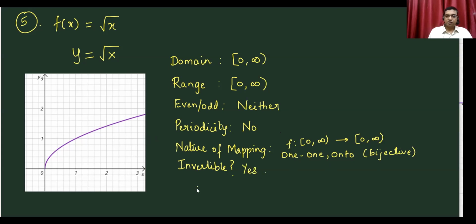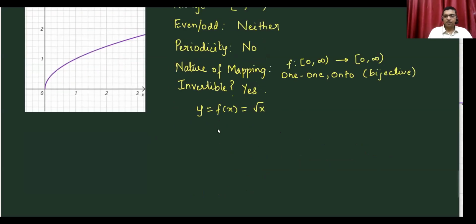What is the inverse? Y equal to f of x is equal to root x. So how is the inverse defined? Root x is equal to y, which means x is equal to y square, which implies replace x by f inverse of x and y by x.